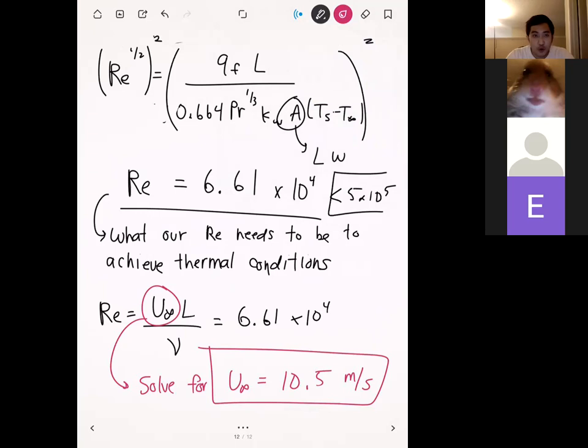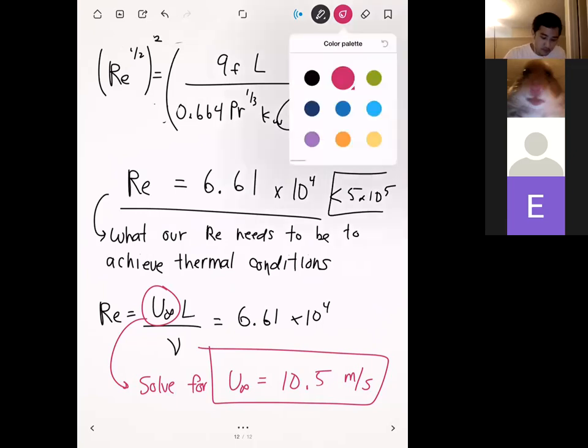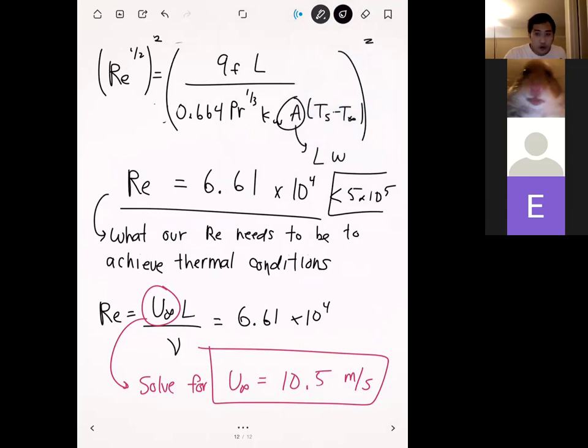And so in order to cool your computer, basically your fan needs to blow air at 10.5 meters per second. Okay. And so at that point, you can go to wherever you're buying your electronic parts and see which fan is able to produce this amount of airflow.